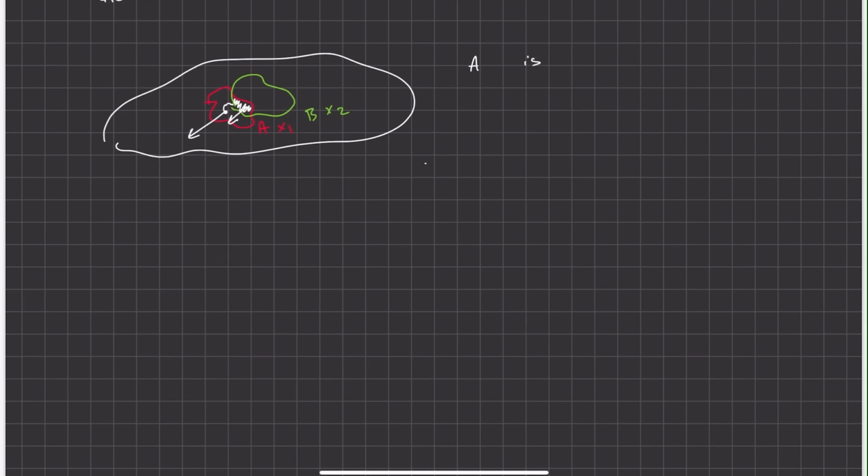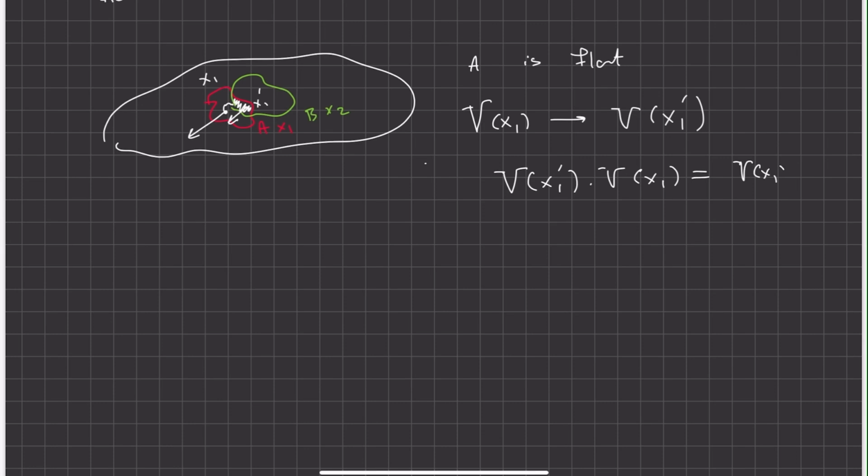So when I define the vector, let's call this point x1 and the intersection point x prime 1. So when I take x1, I take it to v of x1 prime. v of x1 prime dot v of x1 is equal to, because these two vectors are parallel, this inner product is equal to, let's say, v of x1 squared. But this is not equal to 0, right?